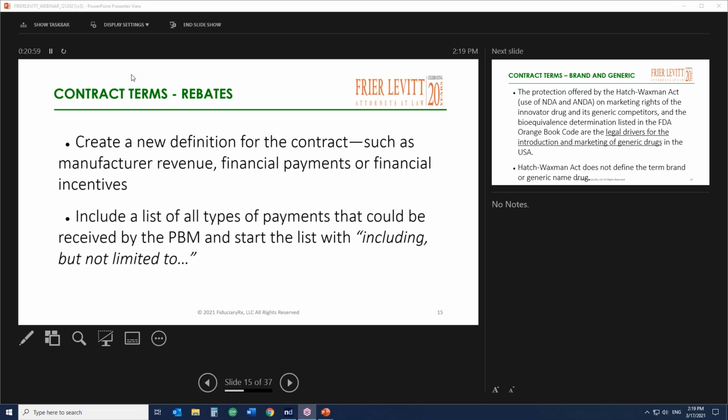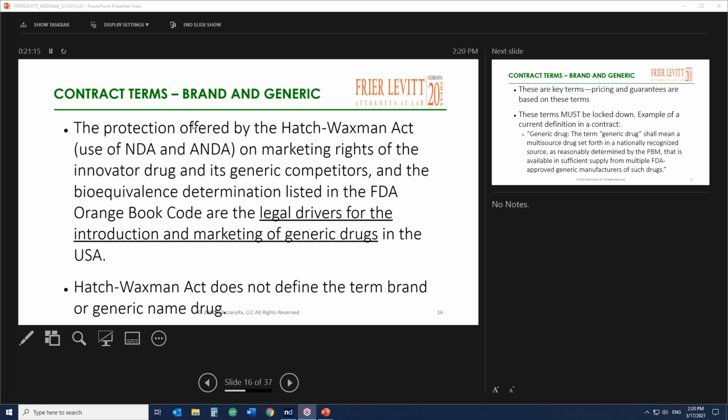Well-defined rebates are mutually beneficial to the plan sponsor and to the PBM because it will not only reduce the total drug spend, but also mitigate the risk of contract dispute down the road. One of the key contract terms is the definition of brand and generic drugs.